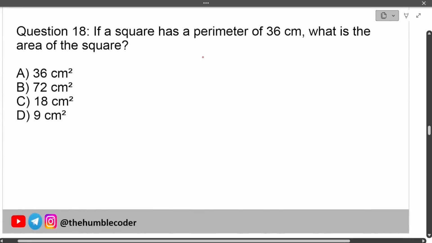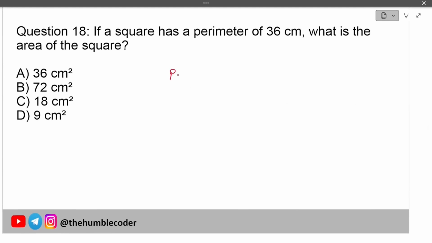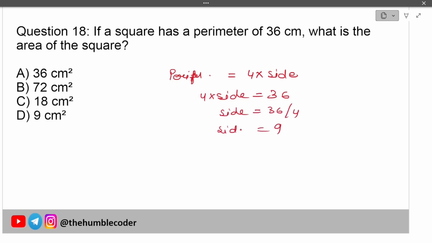If a square has a perimeter of 36 centimeter, what is the area of a square? Okay, for this one you should know the perimeter formula. So perimeter formula is 4 into side. Okay, so we are given perimeter value, which is 4 into side equals 36. So side is 36 by 4, which is 9. Okay, so we now have the side value, and now we are asked the area.